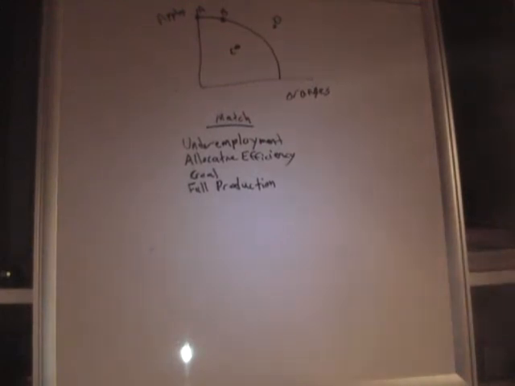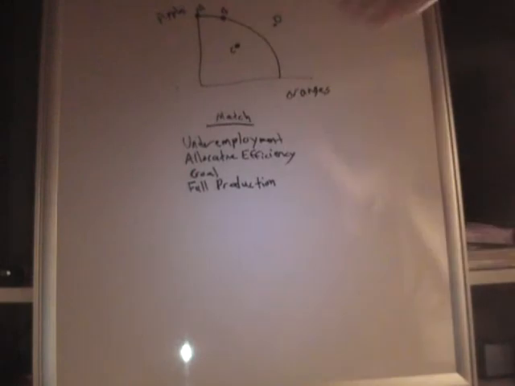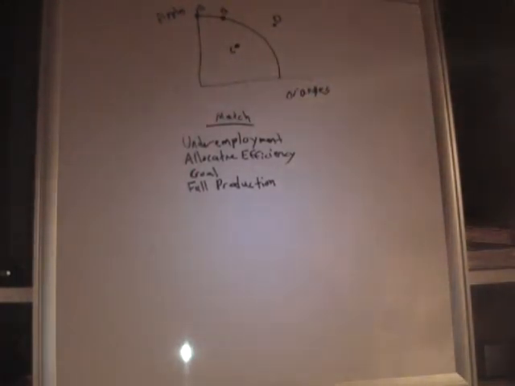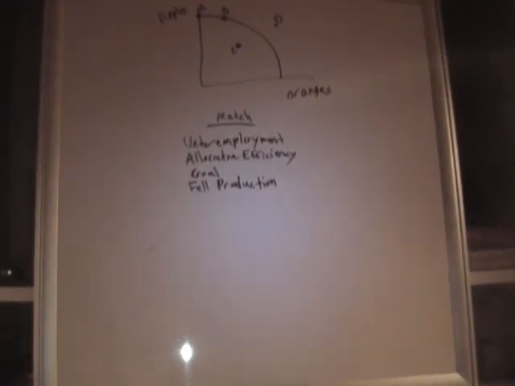What you see here for the first thing that I want you to do in your notebooks is you have point A, point B, point C, and point D. For number 1, I want you to write the letter of the point that displays underemployment. For number 2, I want you to write the letter of the point that displays allocative efficiency. The third one, I want you to write the letter of the point that describes a goal. And for the fourth, full production of one product.